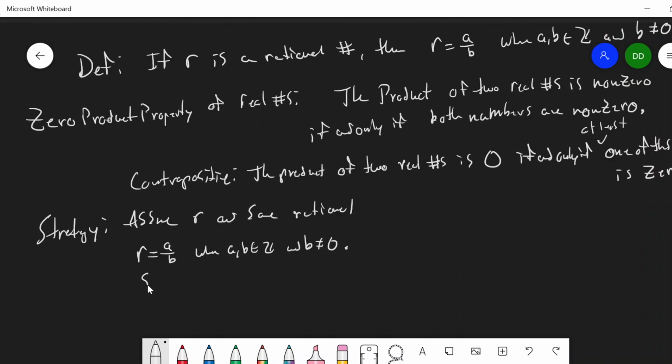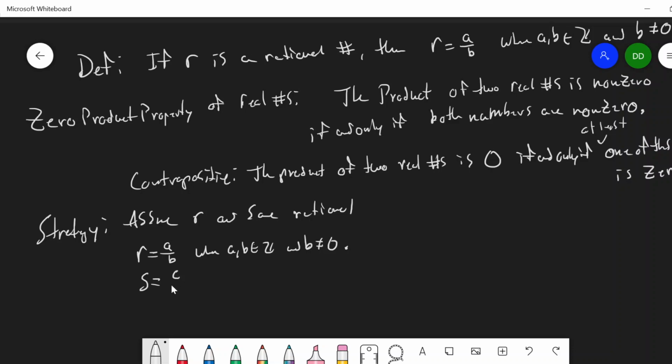So I'll be able to write it as, and I don't want to use the same variables A and B, right? That imposes a connection between R and S. That means S depends on R, but here it doesn't. I just want to assume any two rational numbers, their sum is also rational. I don't want to impose any sort of connection between R and S. So I don't want to reuse A and B. I need to come up with two other integers.